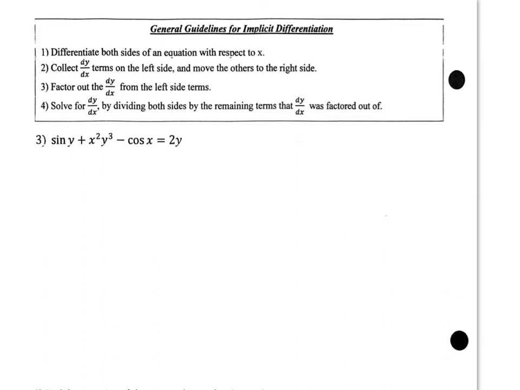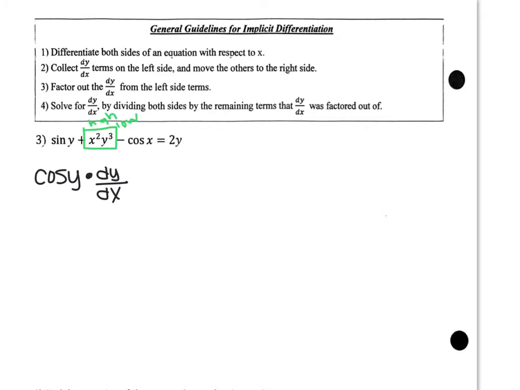Okay, so next we're going to take the derivative of number 3. So again, each piece. So the derivative of sine y is nothing other than cosine of y. But remember, we took the derivative of a y function, so we need a dy/dx. Next, we're going to take the derivative of the middle term. And the middle term here, x squared y to the third, is actually a product rule, where we'll call the x squared the high function and the y to the third the low function.